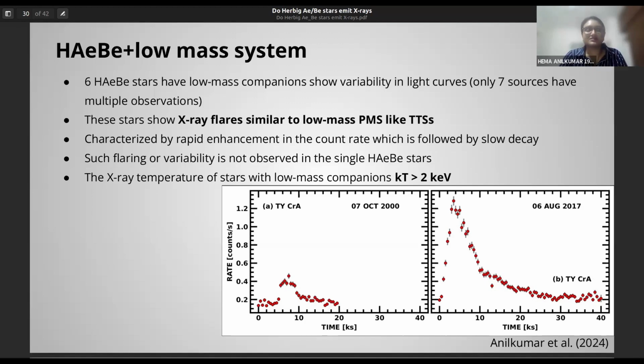Do you see any difference? Because at some point on one of the slides, you are mentioning colliding winds. And of course, with colliding winds you don't have any flares, that's for sure.